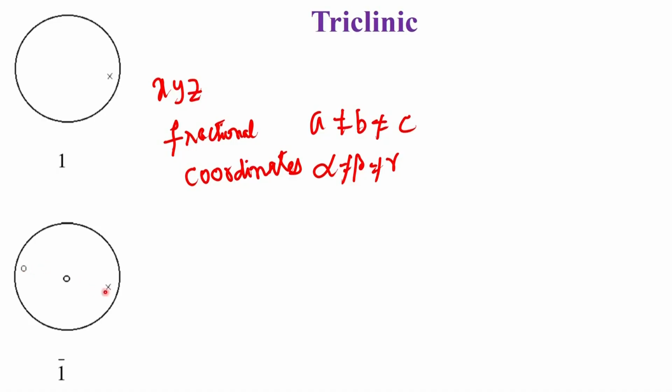Now, the way in which we generate the equivalent points in that situation is that if you call this x, y, z, then the corresponding point, which is an open circle, will be minus x, minus y and minus z, which we pronounce as x bar, y bar, z bar.